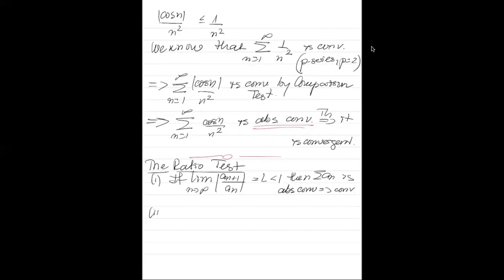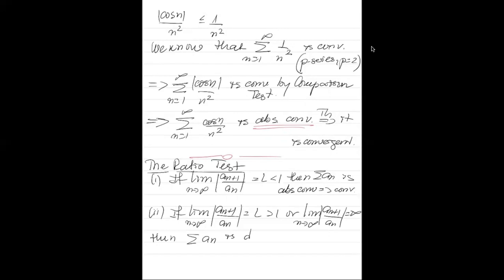The second situation, if the limit of the same ratio, the n plus 1 term over the nth term, absolute value, is equal to a number L that is greater than 1, or that limit is infinity, as n goes to infinity, then our series is divergent.